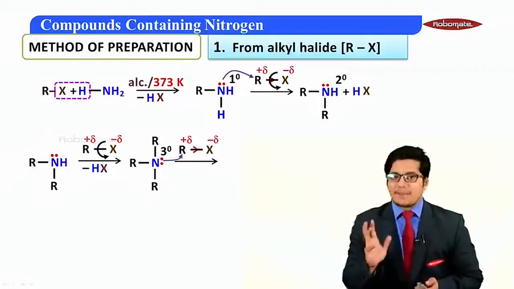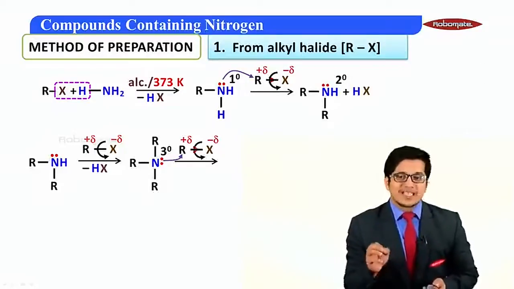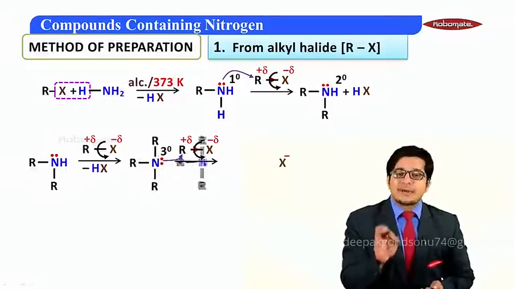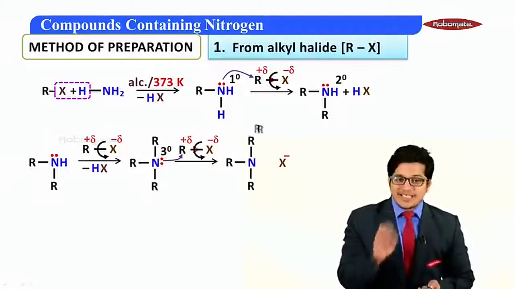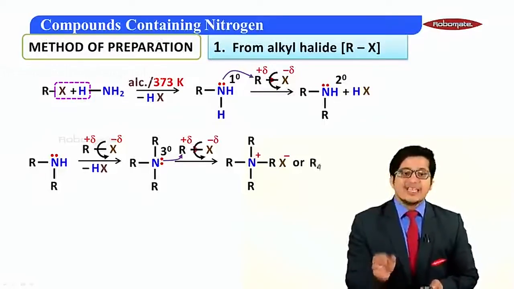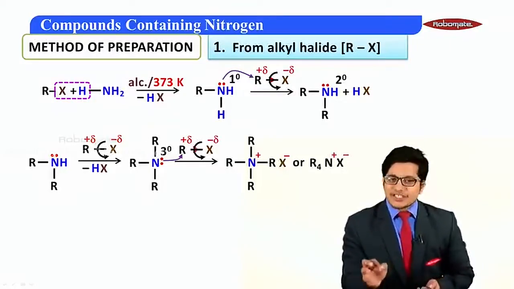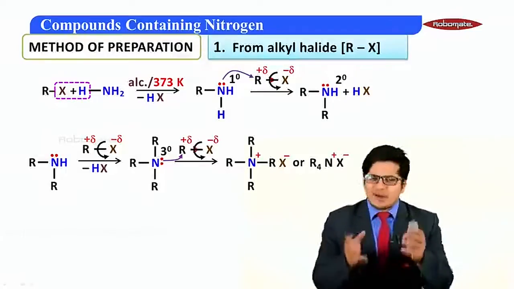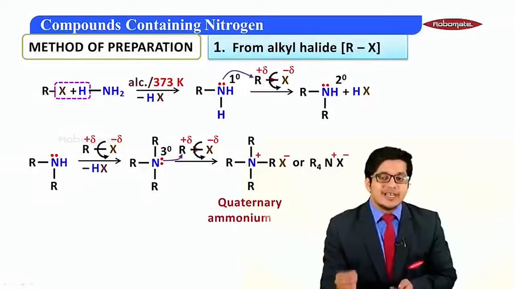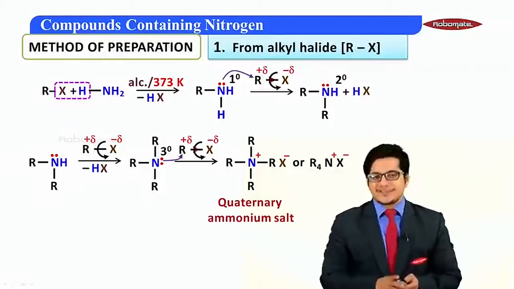So you would get NR4X, and this entire compound would also be represented as NR4+ X−. It is called a quaternary ammonium salt.